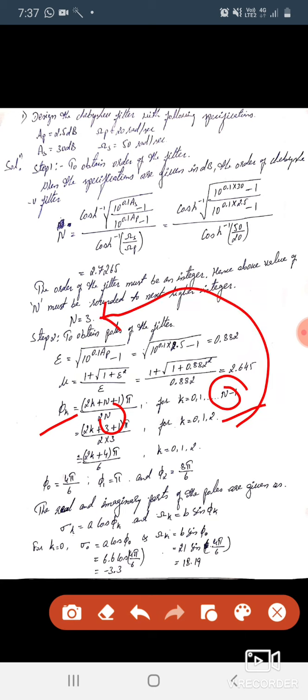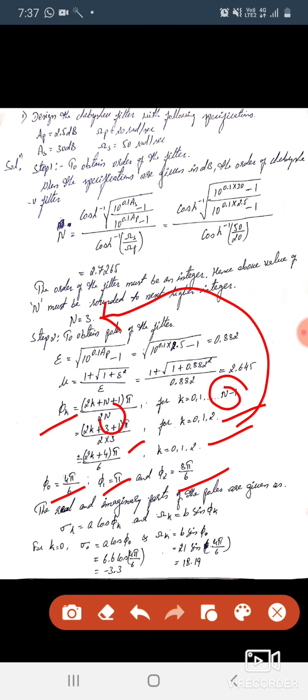When you solve this, you will be getting (2k pi plus 4 pi) divided by 6 for k equals 0, 1, 2. You can calculate phi 0, phi 1 and phi 2: phi 0 as 4 pi by 6, and phi 2 as 8 pi by 6.